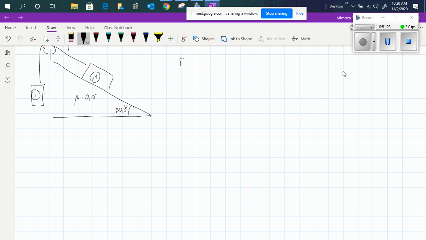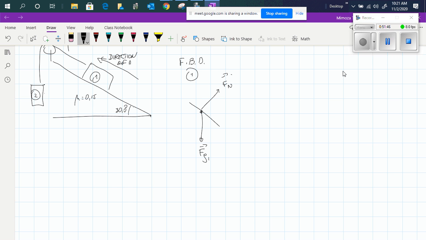Then the free body diagram for object 1 will be force of gravity that is always going down. Then, since it is on an incline, you will have force normal. And let's assume that the direction of the motion is this one.